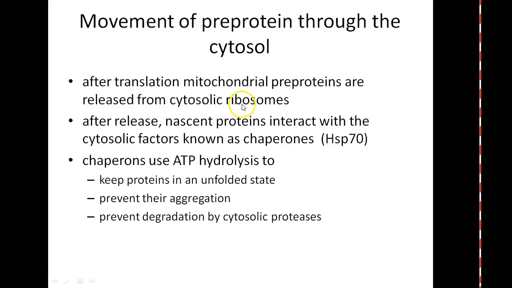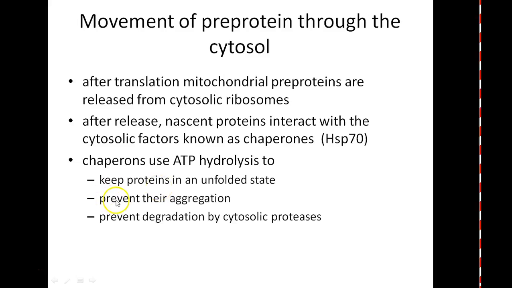They are released from the cytosolic ribosomes, and then they interact with the cytosolic chaperones like HSP70, and this is the key step, because chaperones are important in order for those proteins to keep an unfolded state.